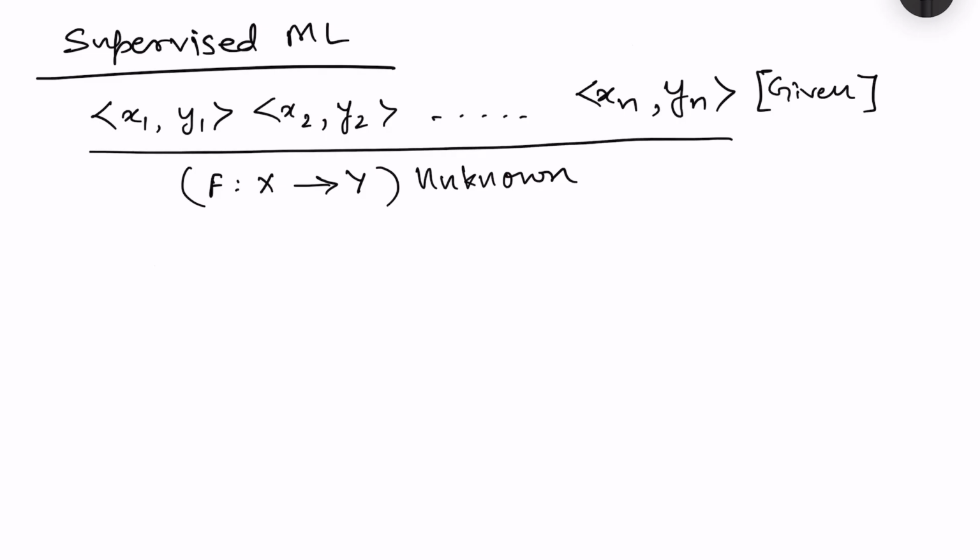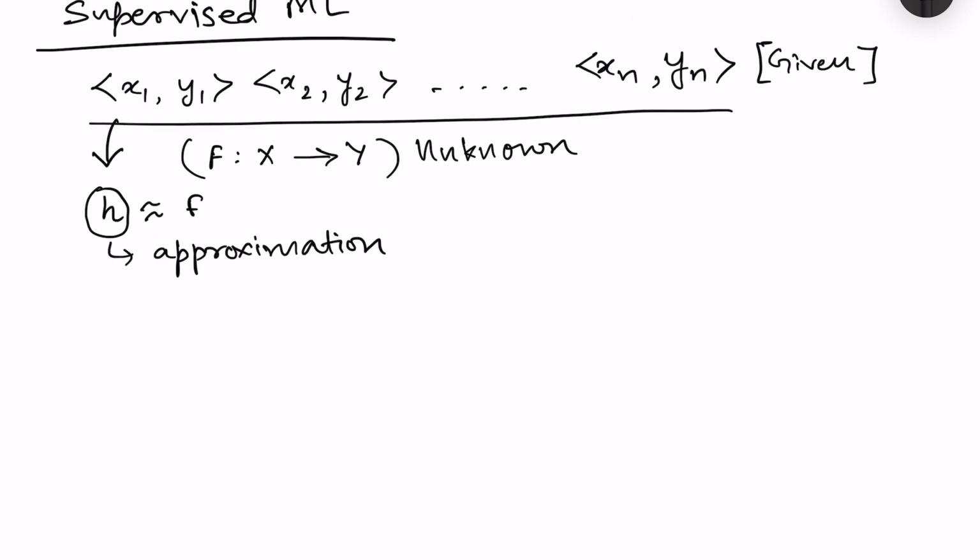And what we want to do is use this information to come up with an approximation for this function f. So this will be our approximation. Often supervised ML is also thought of as function approximation.